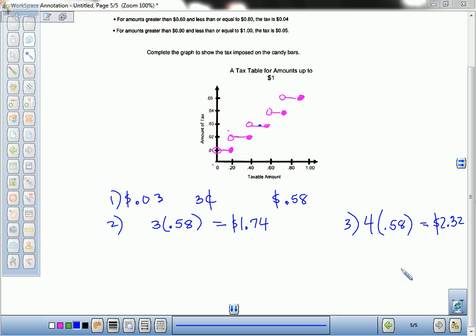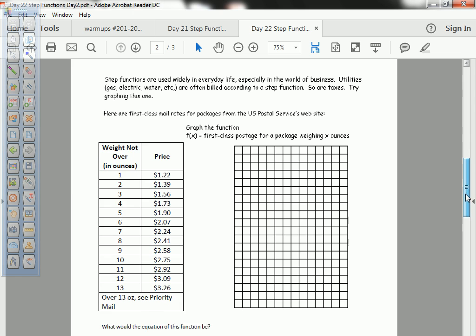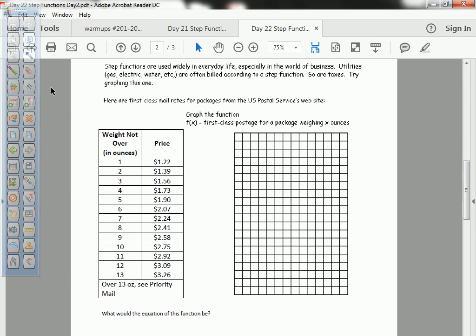And along the vertical axis, we'll put the postage. And let's see if you can sketch a graph. So, weight is on what axis? The x-axis. Yeah.